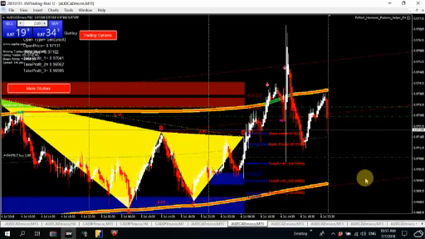Okay, when you see that channel, take the high and the low of that channel and apply a Fibonacci tool. You will see the reason why there is M shape and W shape. This is the 50% retracement of a Fibonacci level.